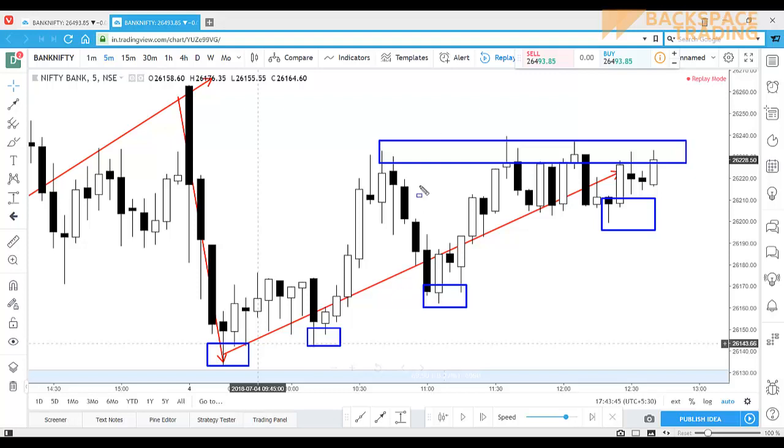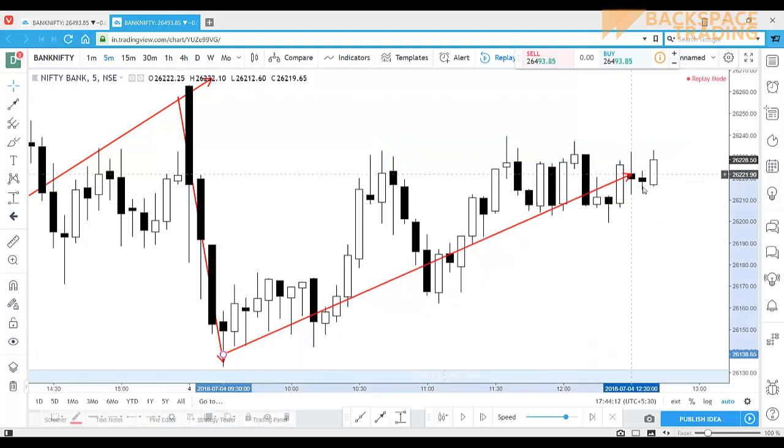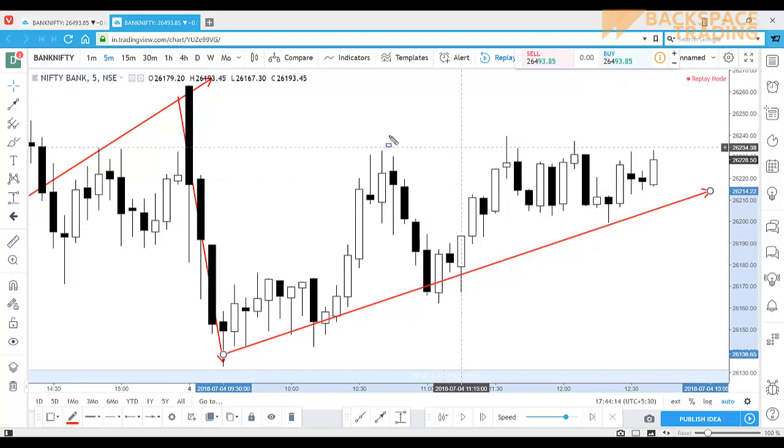Now do you remember this pattern over here? I'm just drawing it. What type of pattern is this? This is something that I do most of the time. Do you see an ascending triangle pattern? You don't have to worry about the name, don't worry.